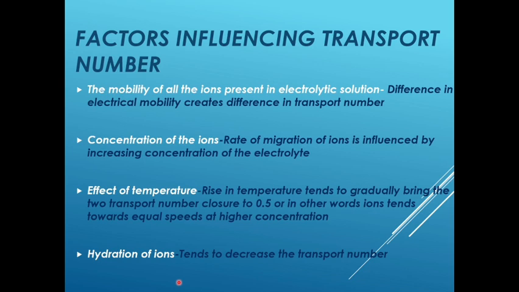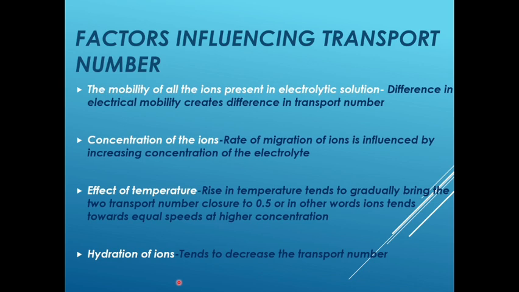We all know that aqueous solution of sodium chloride upon electrolysis gives us sodium ions and chloride ions. But it was experimentally seen that the mobilities of sodium and chloride ions are different.